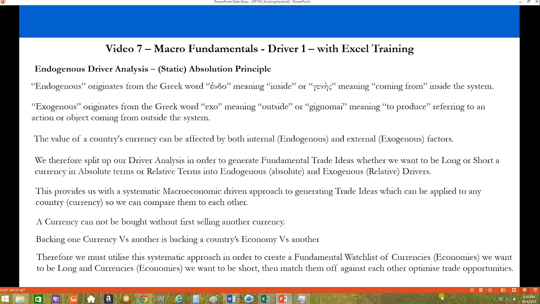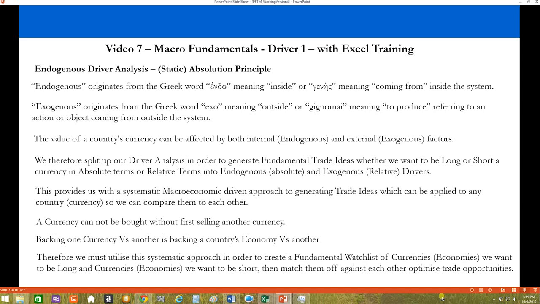So referring to an act, an action or object coming from outside the system. And the value of a currency can essentially be affected by both internal and external factors, so both endogenous and exogenous factors.